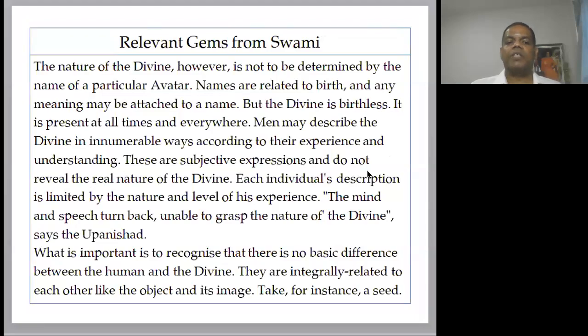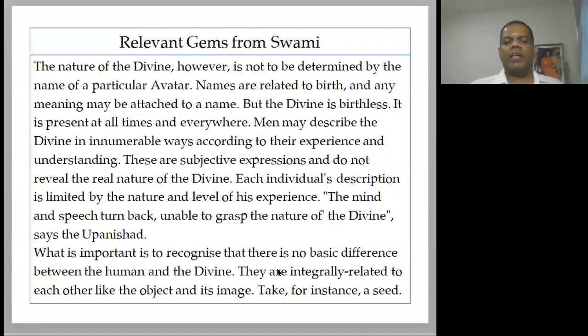These are subjective expressions and do not reveal the real nature of the divine. Each individual's description is limited by the nature and level of his experience. The mind and speech turn back, unable to grasp the nature of the divine, says the Upanishad.